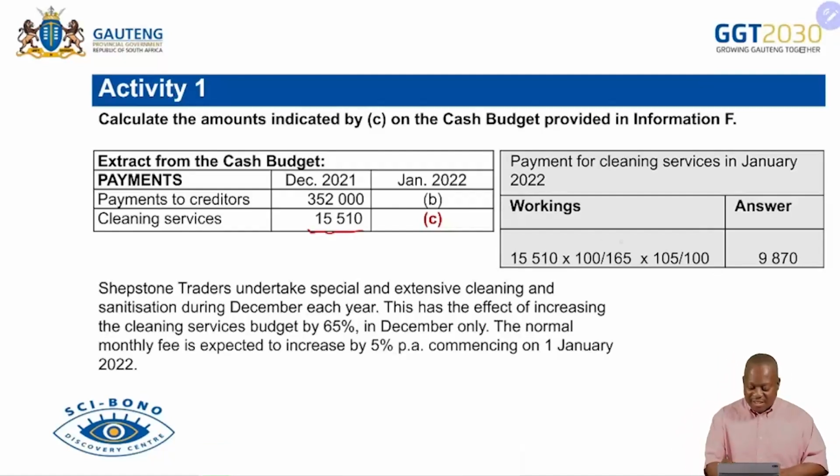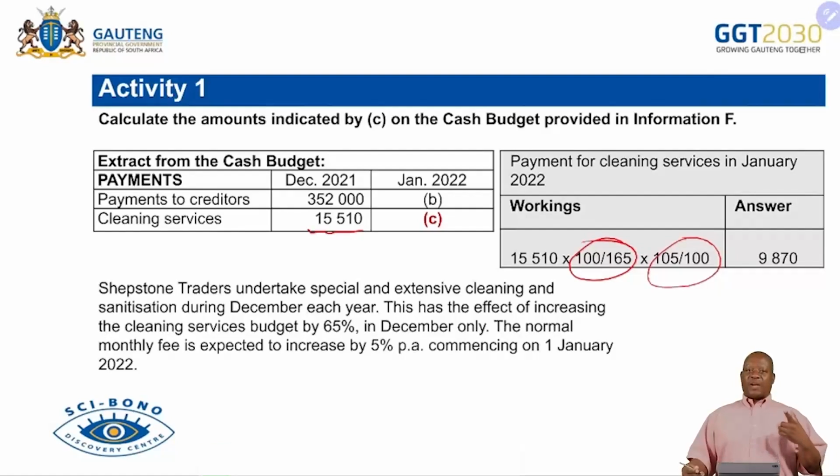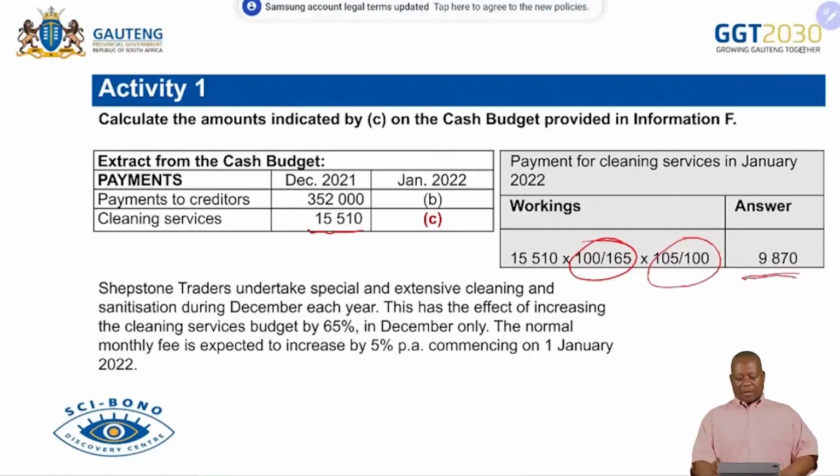So this is to take it back to normal, and this is to increase it by 5%. Hope you are following. Hope it is making sense to you. Remember, back to normal, how do we take it to normal? Times 100 over 165. And then we increase that by 5%. And this is our result.